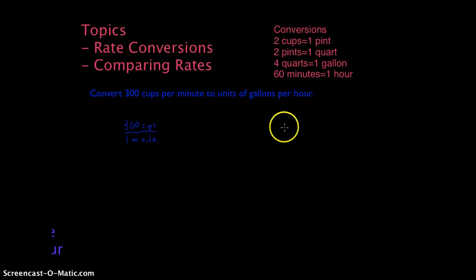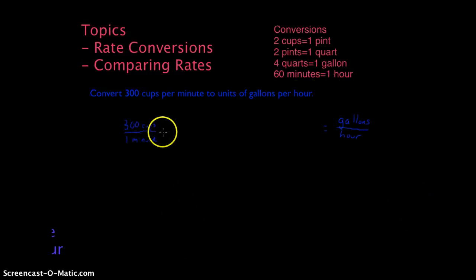And I know at the end, way over here, I want to be in units of gallons per hour. Okay, and I'm going to use the same exact type of conversion to make sure I end up in these units here. Okay, so I want to start by converting my 300 cups into gallons.